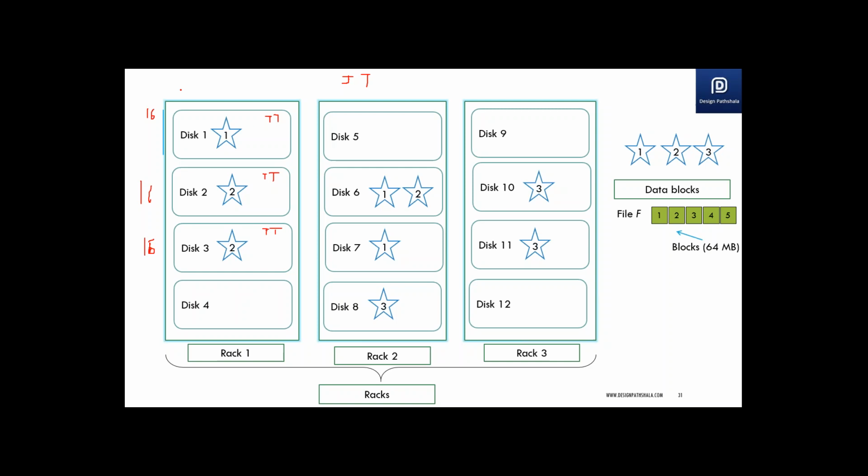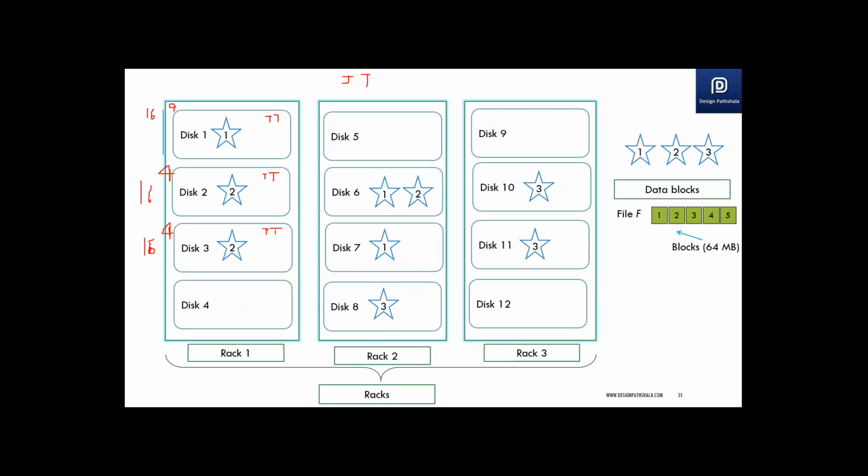It's not mandatory, but normally they are. So let's assume one container size is 4 GB. So each node can run 4 tasks at a time, if 4 GB is the container size.